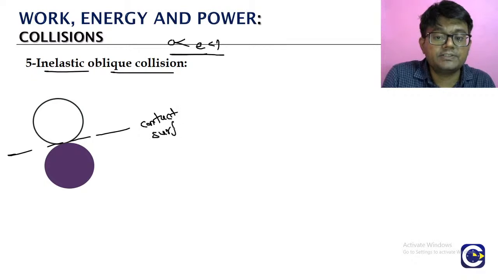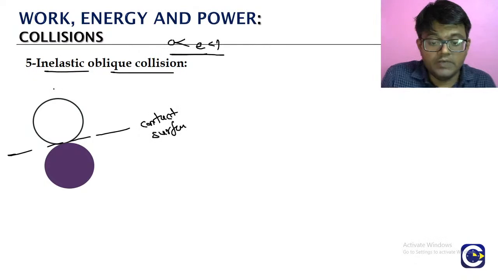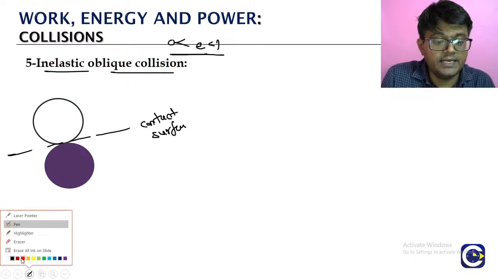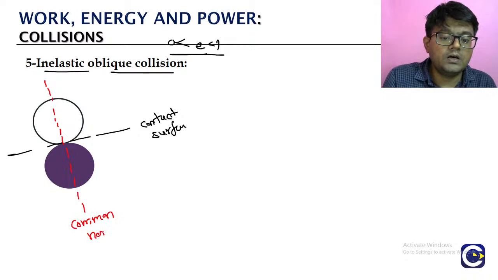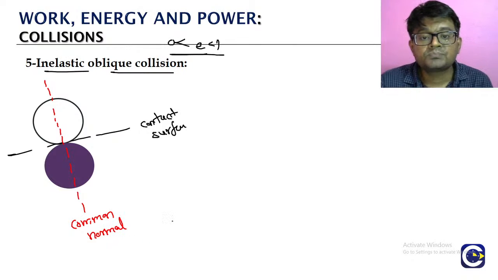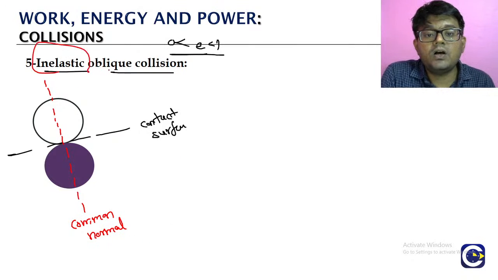So this is the contact surface. And we will use a different color so that we can see it clearly. This is the common normal direction. So in case of inelastic oblique collision, the things that we need to keep in mind are what?